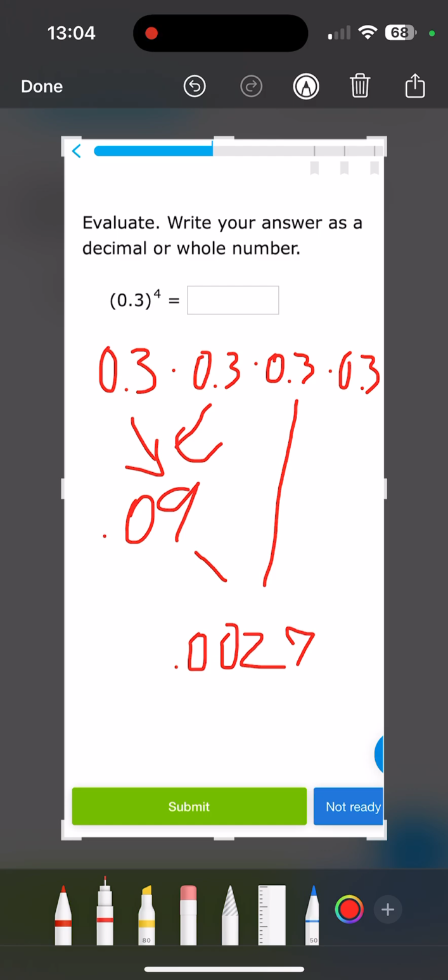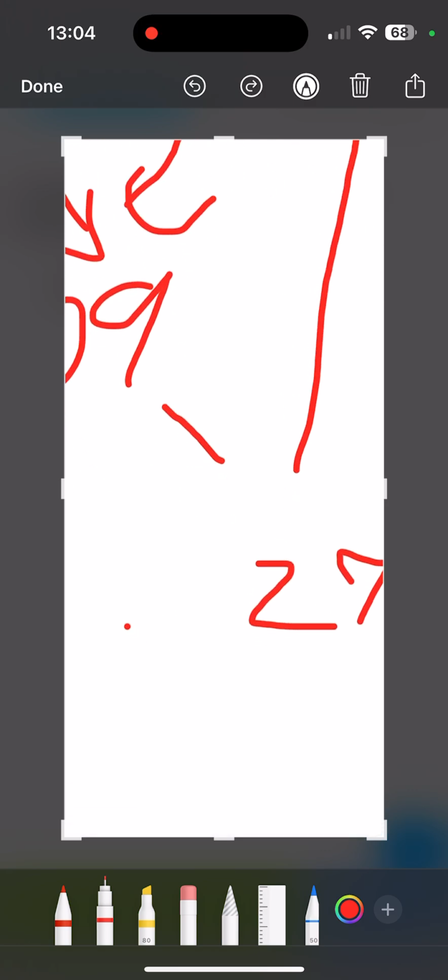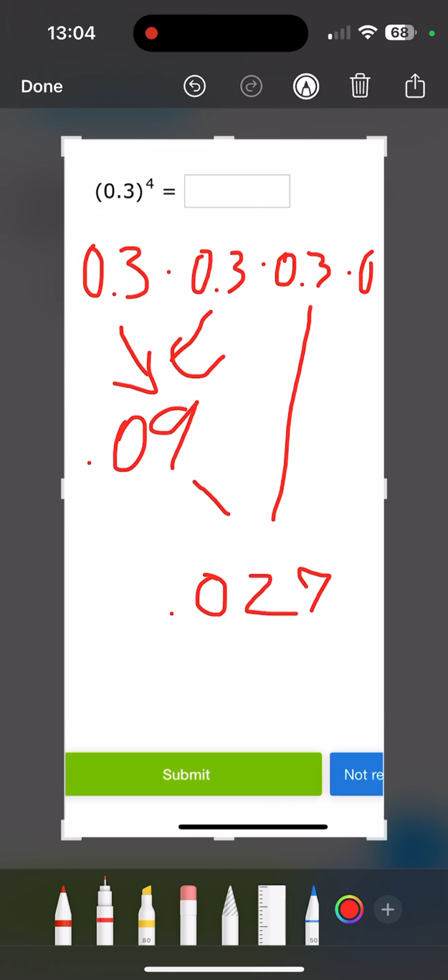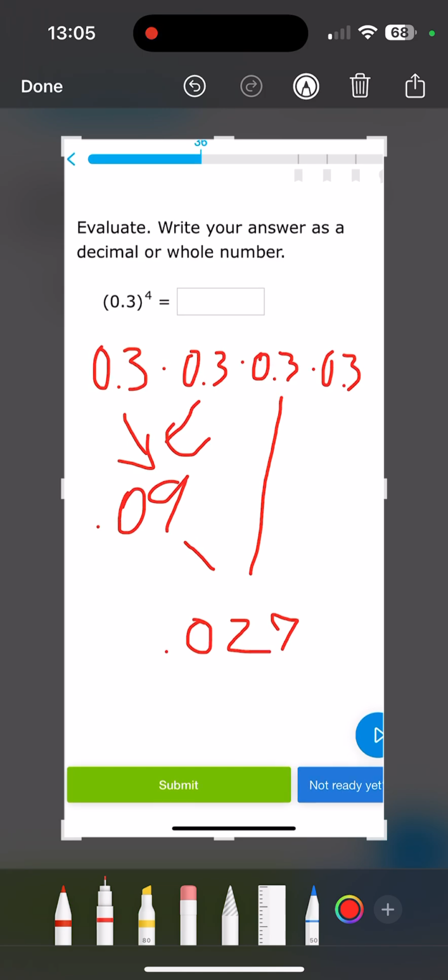So 0.3 times 0.3 times 0.3. Oh, I'm wrong here. I went too far with the digits. It's just 0.027. All right, double checking. All right, last one.